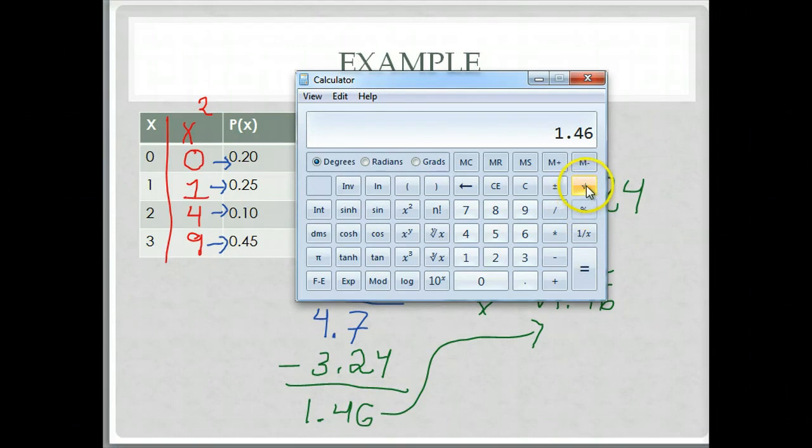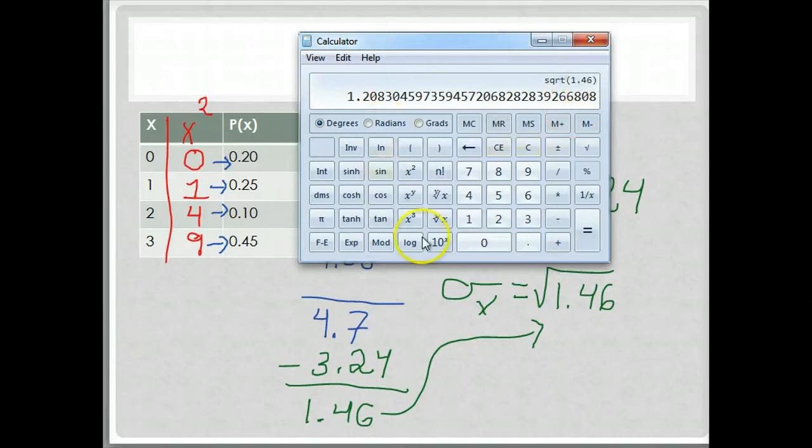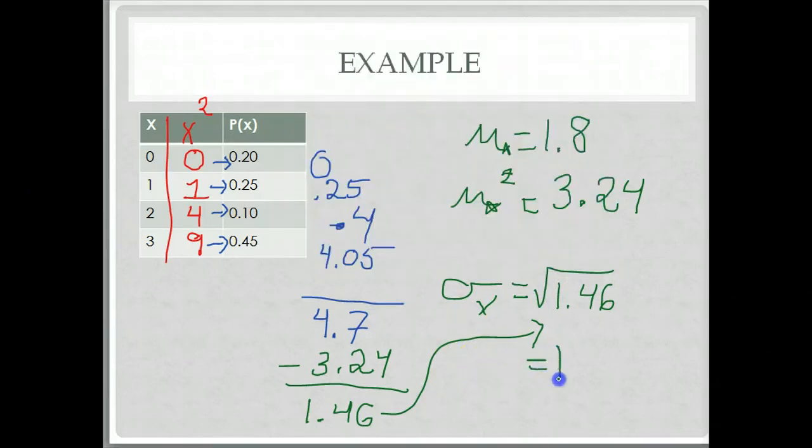That's your square root symbol. I hit the button, and it's the square root of 1.46. It looks like about 1.21. And this is my standard deviation. So you've successfully calculated the mean and the standard deviation of a discrete probability distribution.